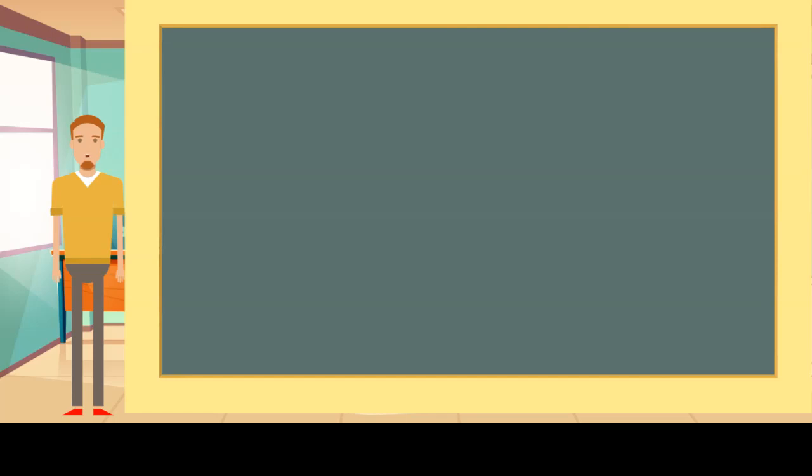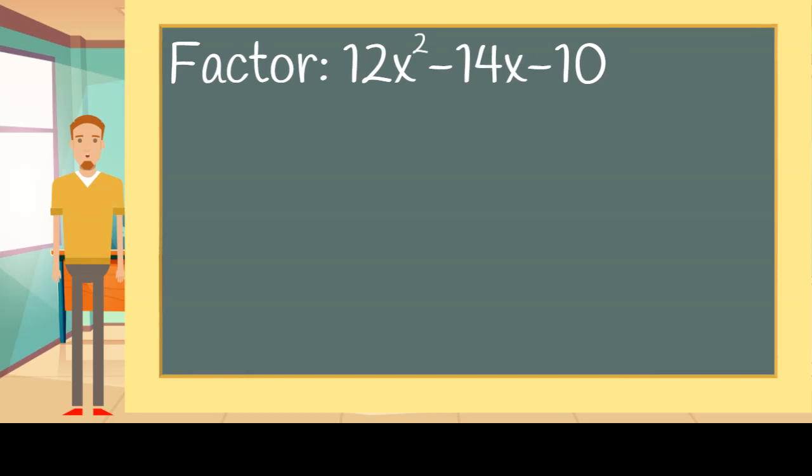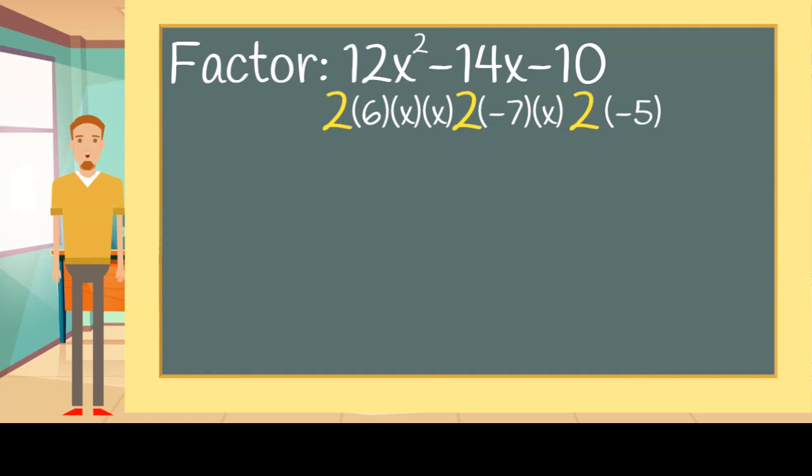For our next example, factor 12x squared minus 14x minus 10. Examining the given polynomial, we can identify that it contains a common monomial factor. We must factor out first the GCF, which is 2, before we proceed to the steps in factoring quadratic trinomials.